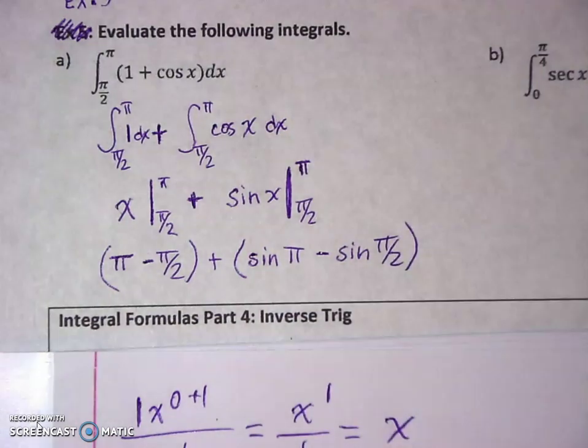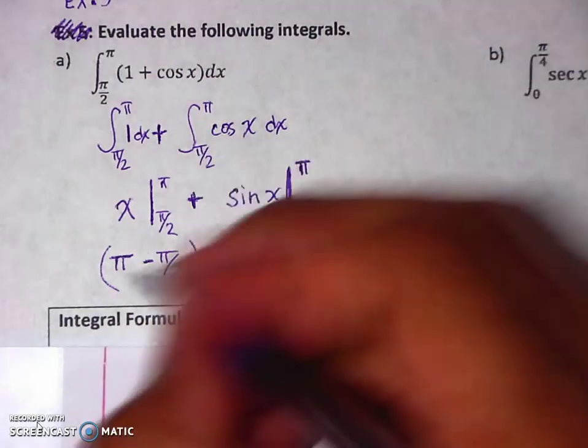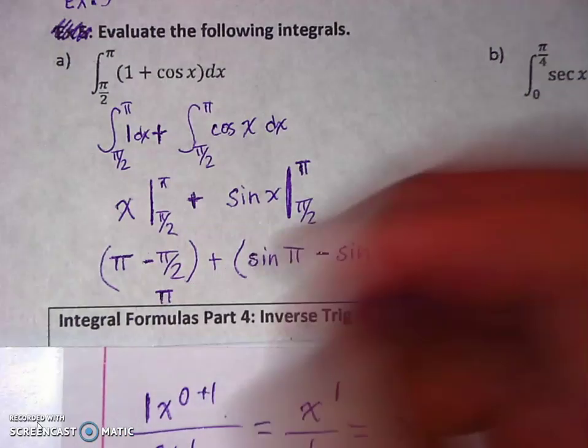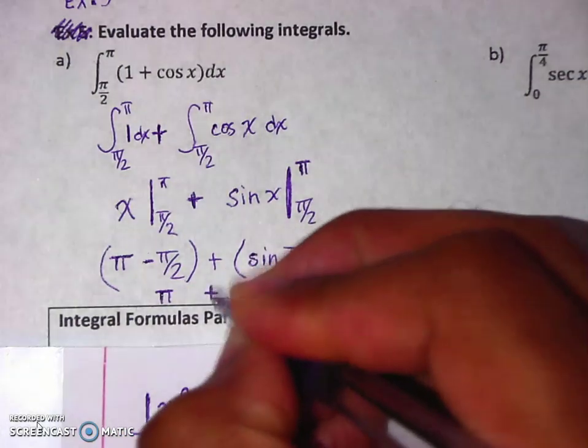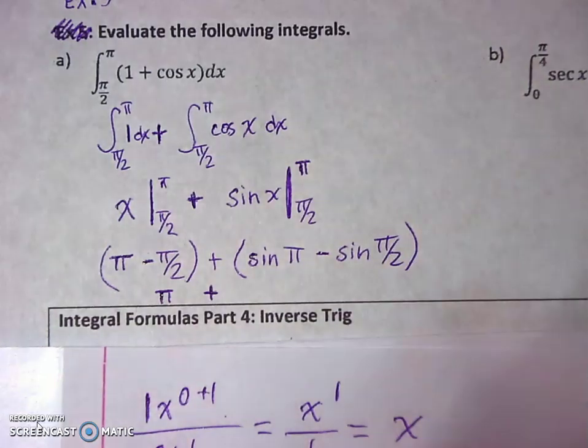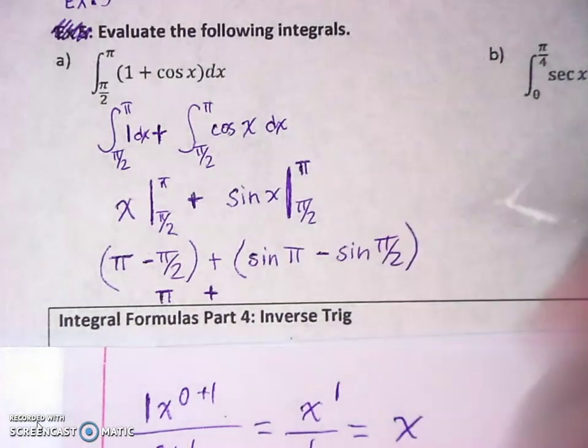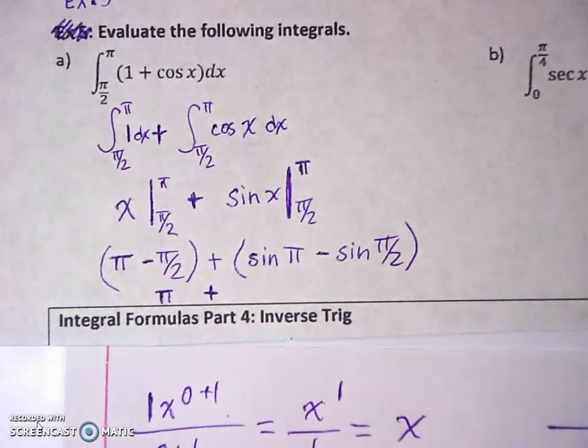Again, this reminds you that you have to remember your trig values. First off, we know this is just pi. Now if we look at sine of pi, you have to remember the values. Hopefully you already know it off the top of your head.